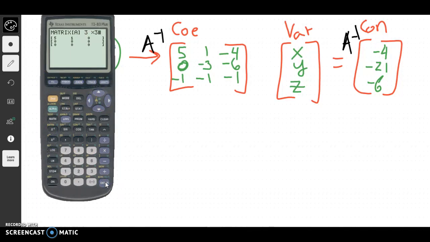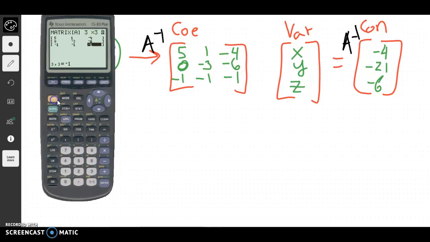So we're going to just fill in that 3x3 matrix. -6, and then -1, -1, and -1. Okay, so I've now filled in that 3x3 matrix.